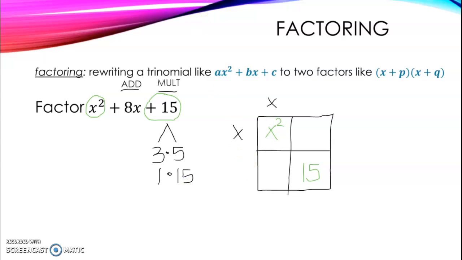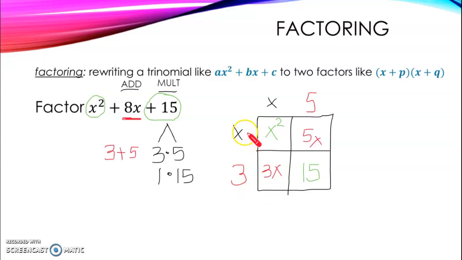So if I test those out, if I first test out 3 times 5, I'm going to get 3x here and 5x here, and that middle term here is going to add up to 8x. 3 plus 5 gives me 8. 3 times 5 gives me 15. And so what do we do with this?